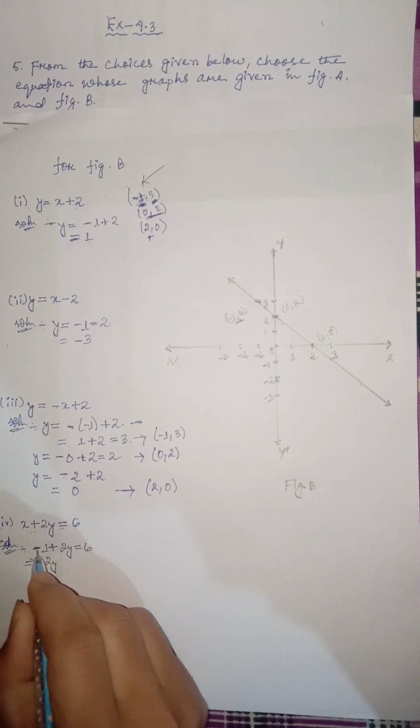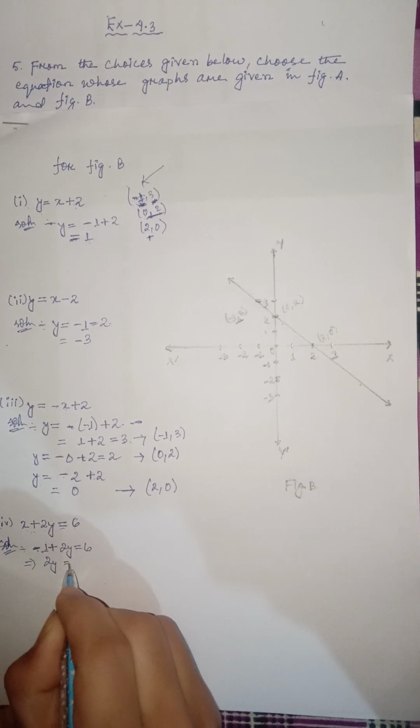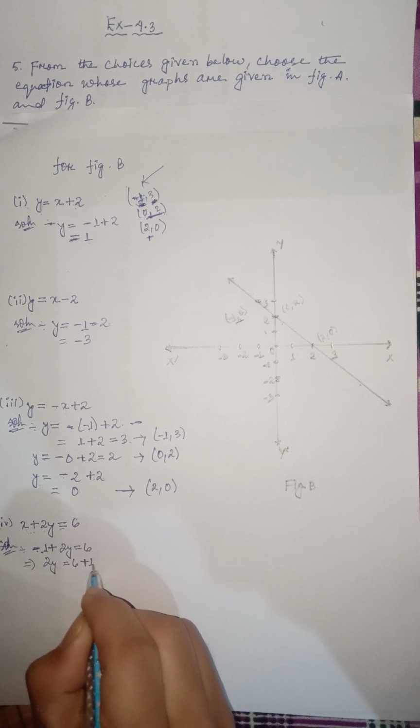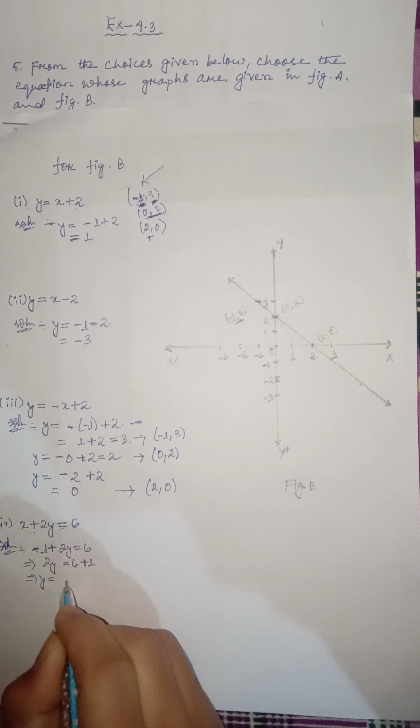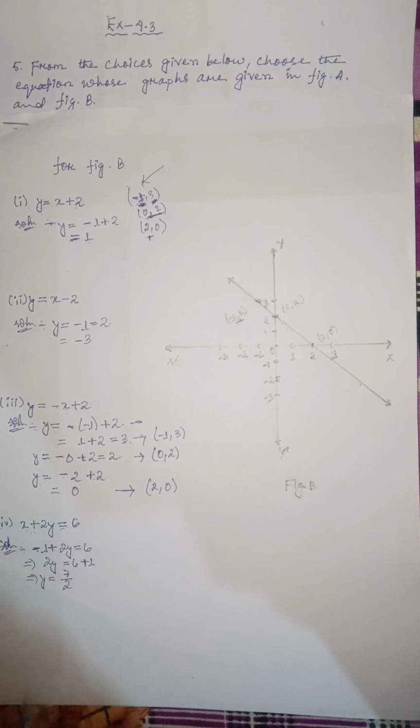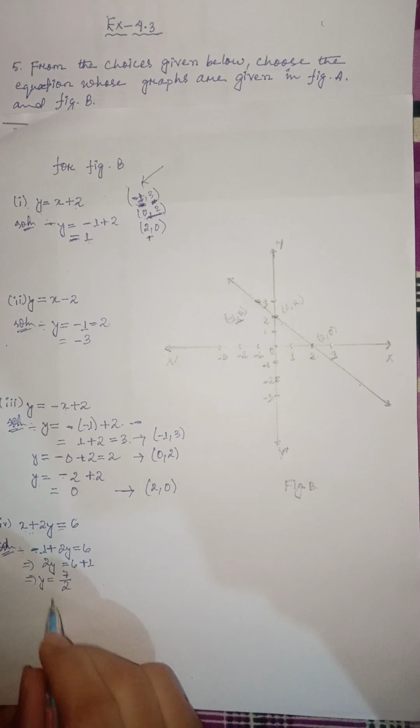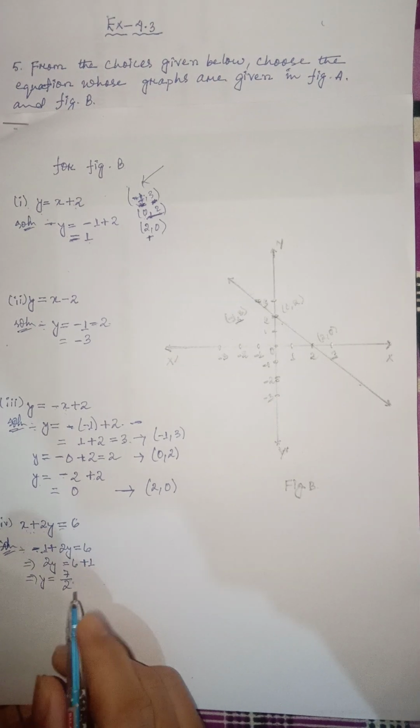Now whenever you move this minus 1 to the other side, then simply it is plus 1. 6 plus 1 will give you 7. And if 2 goes to that side, it will be 7 by 2. Alright, it means whenever the value of x is minus 1, then the corresponding y value is 7 by 2.